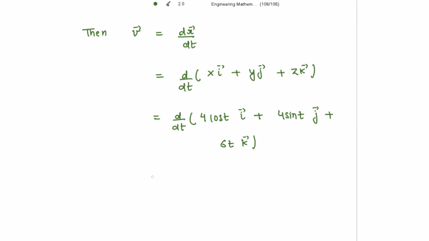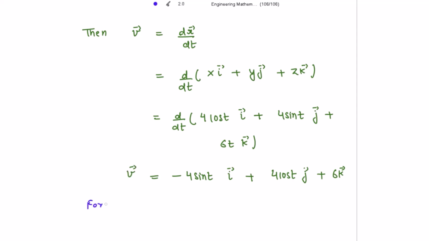Let's differentiate this with respect to time t. Differentiating the first term, what we get? Minus 4 sin of t i vector plus differentiating the second term, we get 4 cos of t j vector. Differentiating the third term, we get 6 k vector. Right? So this is the velocity of the particle.